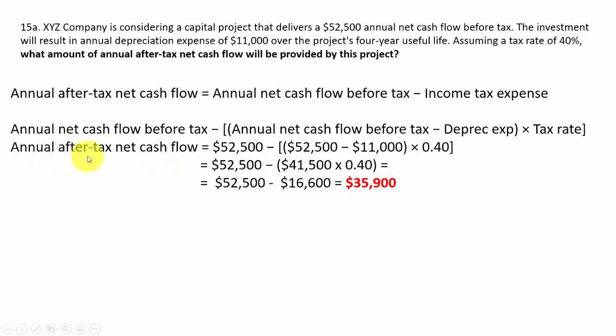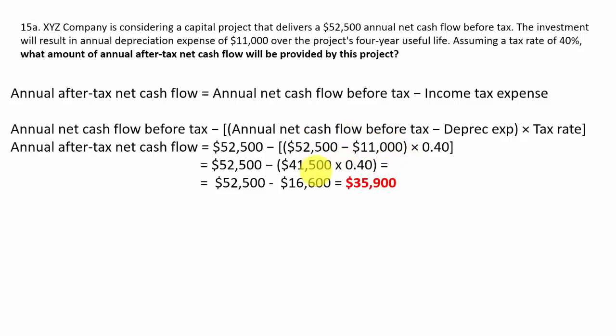So the annual after-tax net cash flow will be this $52,500, minus the income taxes. And the income taxes will be figured on this $52,500 minus $11,000, because this $11,000 worth of depreciation lowers your income taxes.